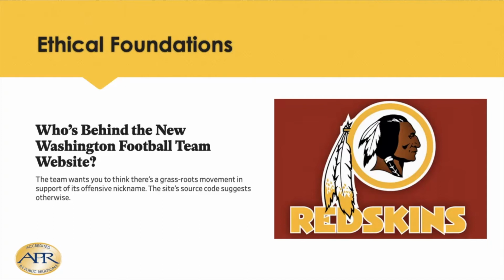And Burson-Marsteller put together a very comprehensive social media campaign, an internet-based campaign, to promote the name of the Redskins and to say it was all fans that were behind this campaign. And it ran for months and months before somebody outed it, and I don't even know how it was outed, that this was actually an entire PR campaign and that Burson-Marsteller was behind it.